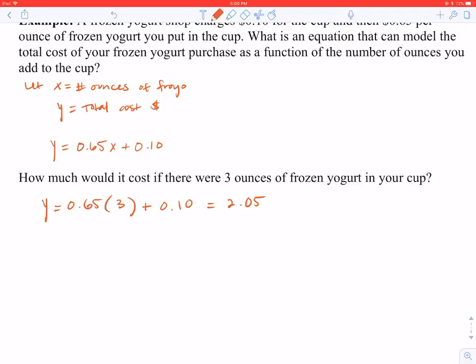So for word problems, you should be summarizing your solution in a full sentence as well. So I could say 3 ounces of froyo cost $2.05.